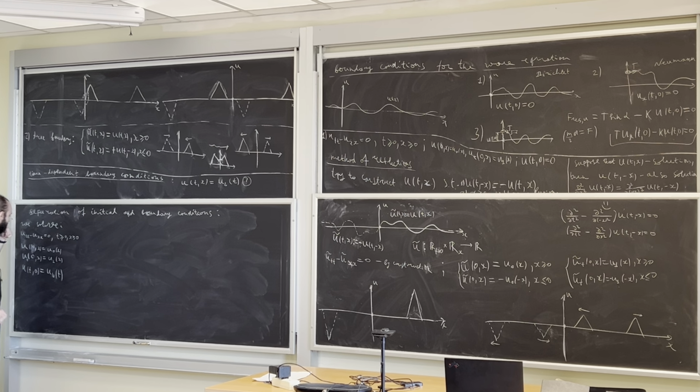Then initial conditions: let us denote this u1, u1 of 0, x equals u0 of x, u1_t of 0, x equals 0, and u1 of t, 0 equals 0. So here the equation is the same.